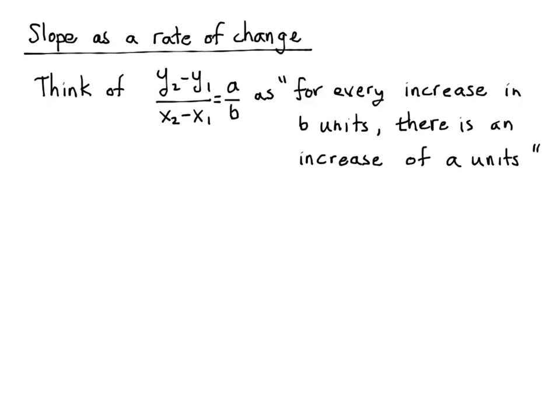So think about the slope of a line. If you're driving a steady speed, the slope of the line is your speed. And so for every increase in time, in the denominator, so for every hour, you're going to go a certain number of miles when you have a miles per hour kind of statement as your slope.